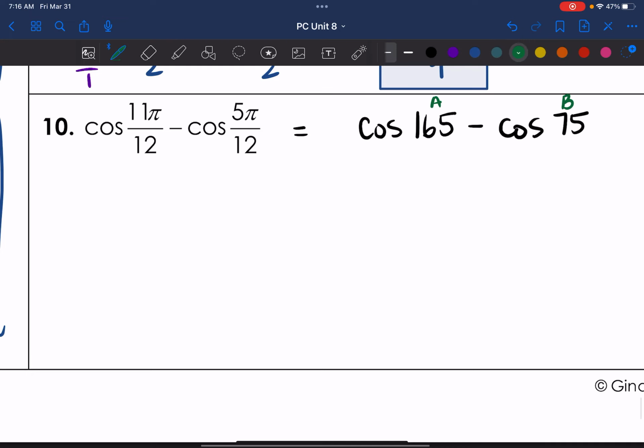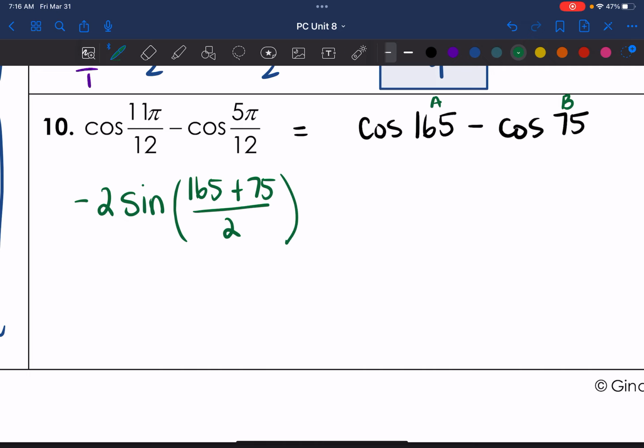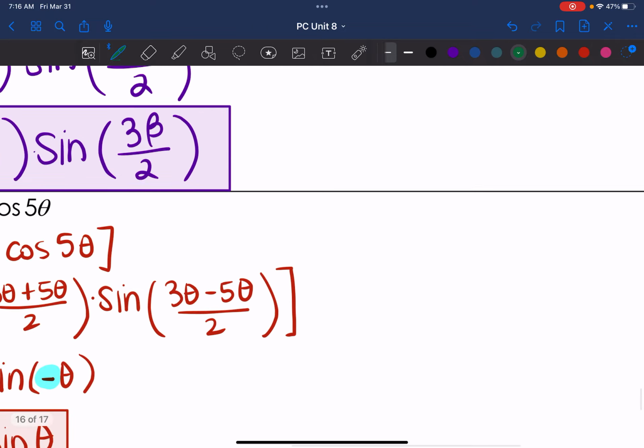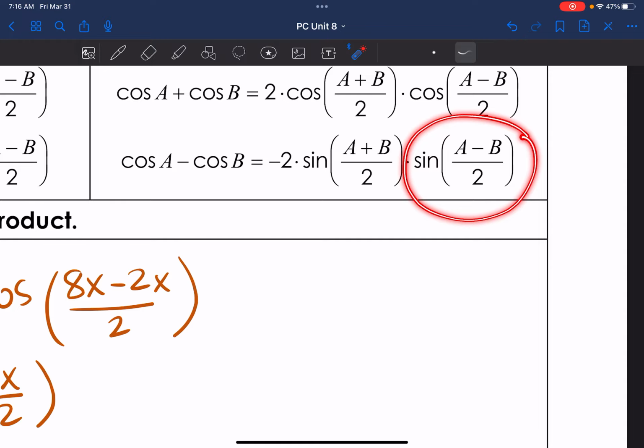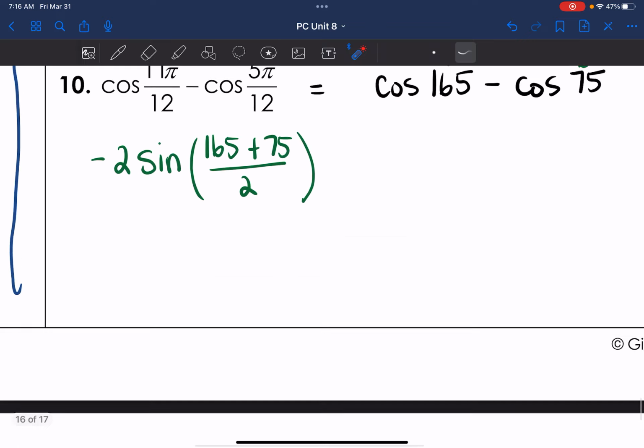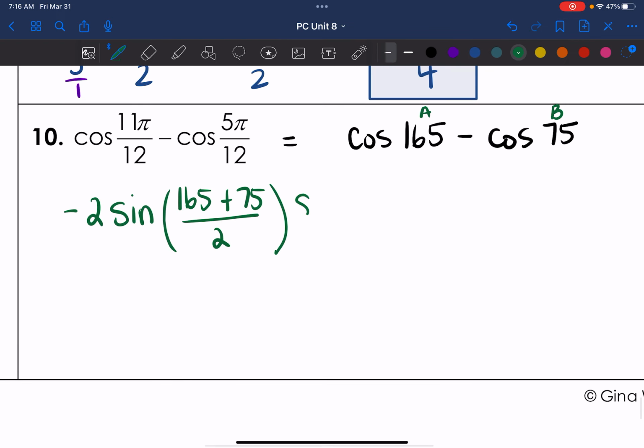So we're going to add those two angles, 165 plus 75, and divide that by 2. Then the next part of that identity has sine of A minus B over 2. So now we would have to subtract. Sine of 165 minus 75 divided by 2.